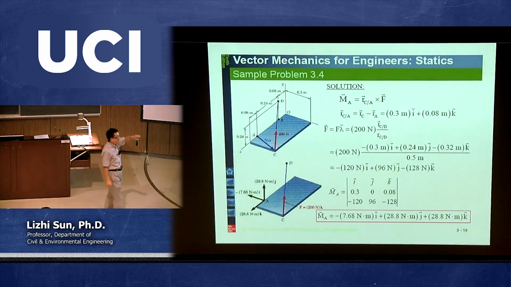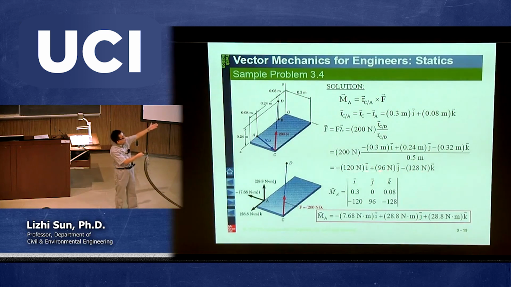If you just happen to forget, go back and look at chapter 2. Find two points on the force line. Obviously, we have two points, called point C and point D. So we use D subtract C and divide by the distance, and you get this lambda, which is a unit vector in the force direction. And then you simplify the math, and this is what you have.